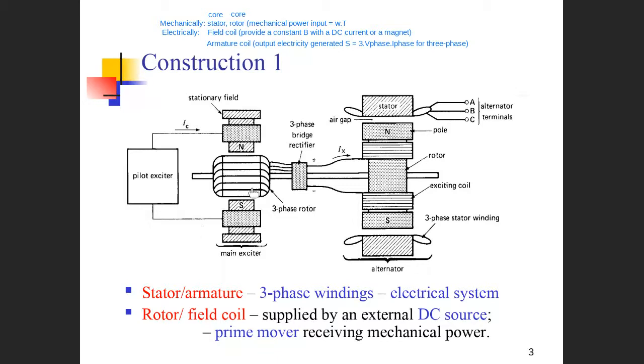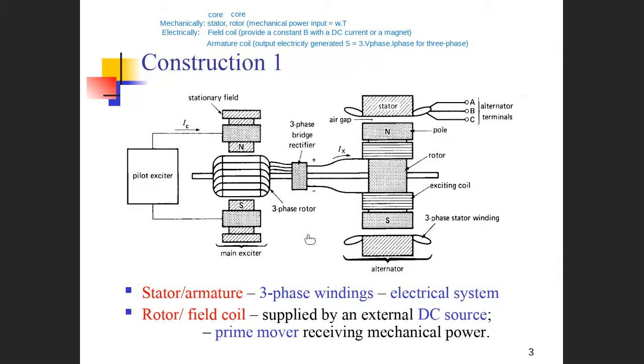Generally, a big generator requires a big field current and big field coils to generate big output electricity.